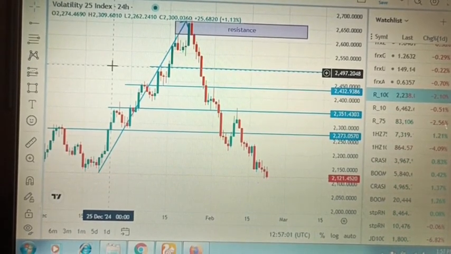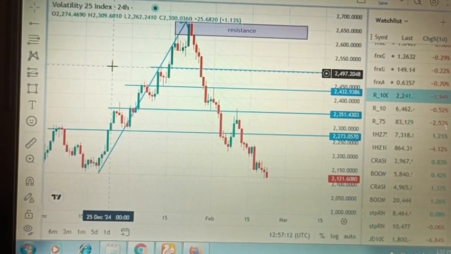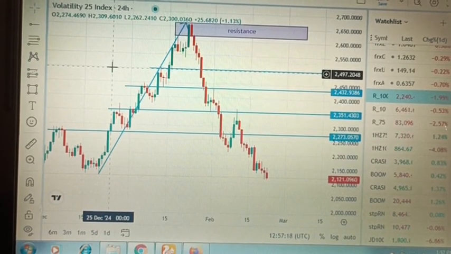Now, support is what prevents price from continuously going down. Resistance is up, support is down. So support is the force that stops price from going down continuously.